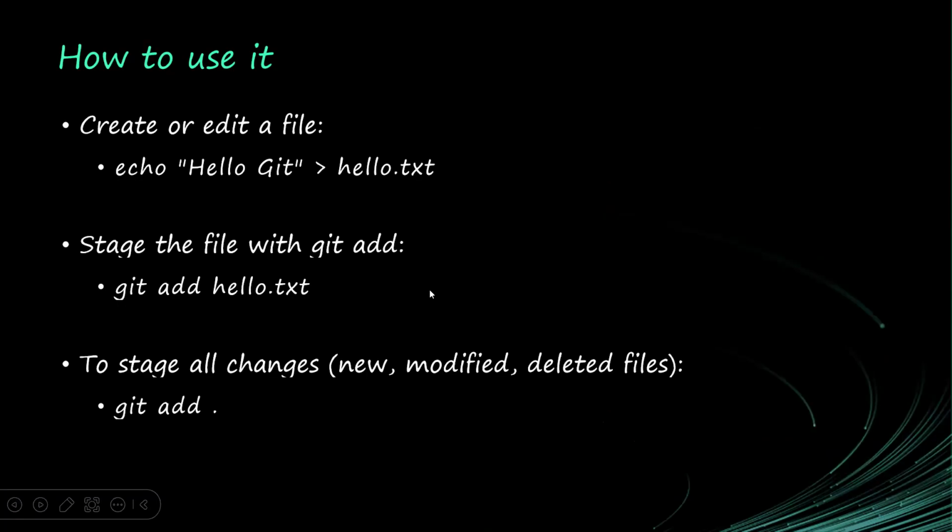You can say git add the name of the file, or you can say git add space dot. It will stage all new, modified, and deleted files. So instead of git add with a file name, you can just go with git add space dot. It will stage anything that is a new file, a modified file, or a deleted file.